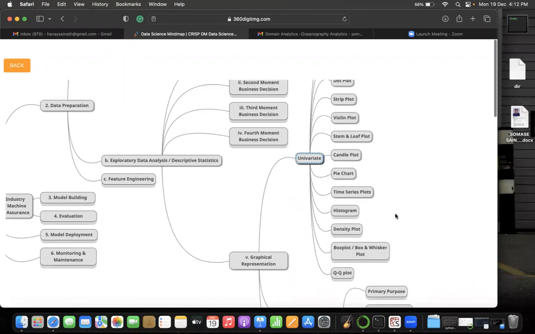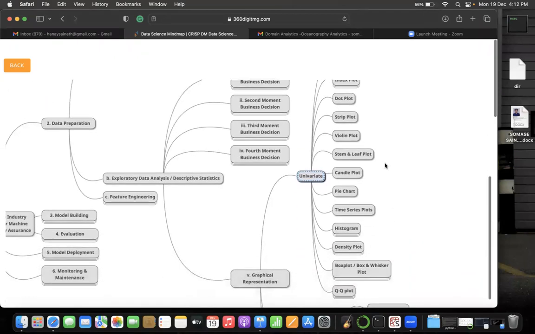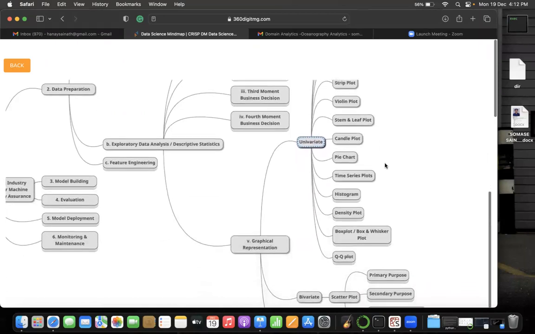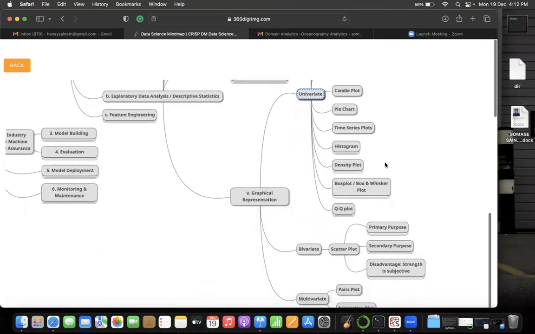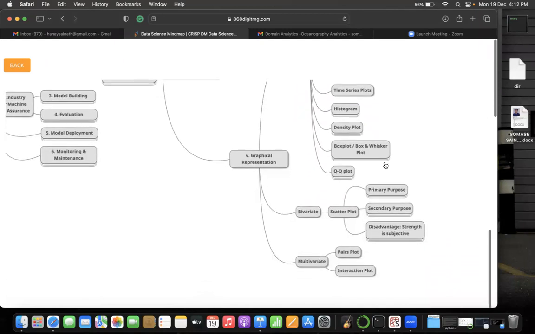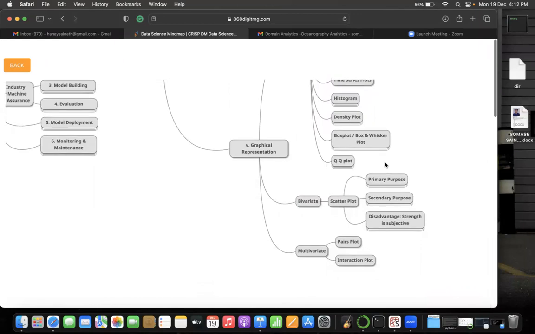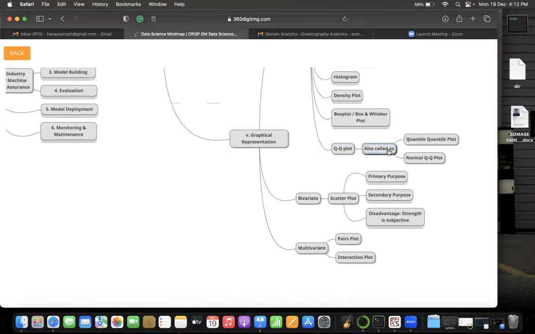In the visualizations we have all these things: bar plot, index plot, dot plot, strip plot, violin plot, stem and leaf, candle plot, pie chart, time series plot, histogram, density plot, box plot or box and whisker plot. Then finally we have the Q-Q plot, also called the quantile-quantile plot.